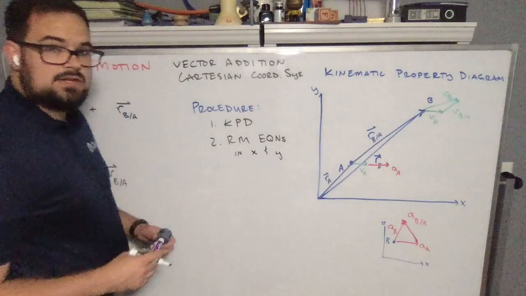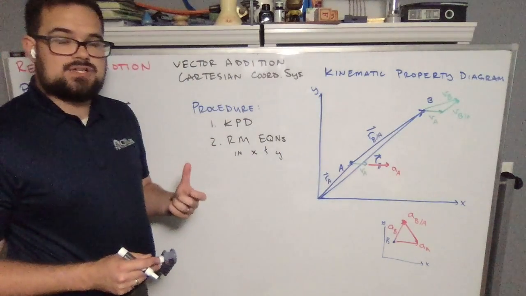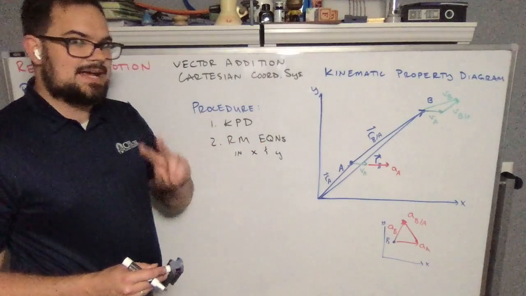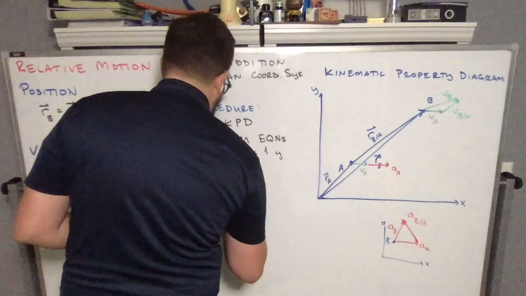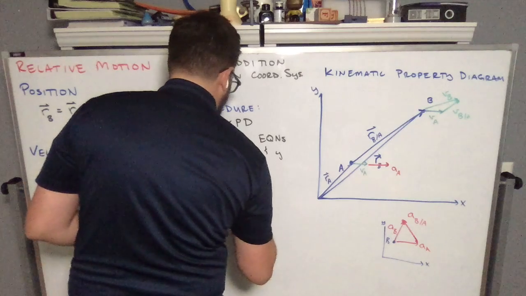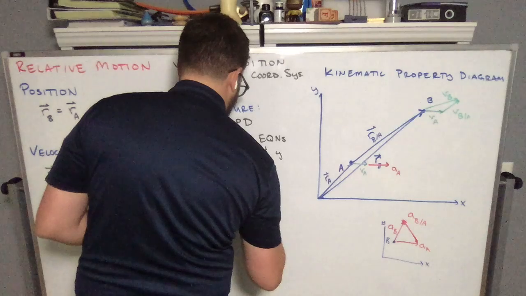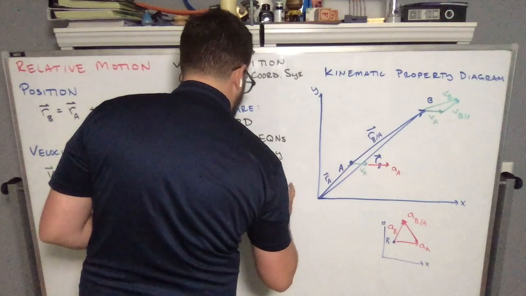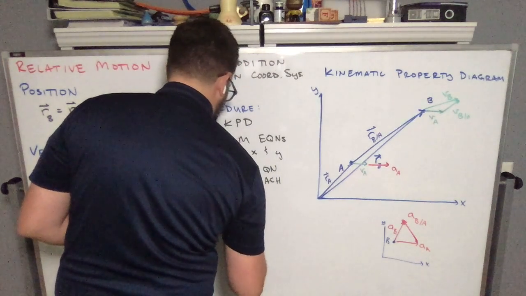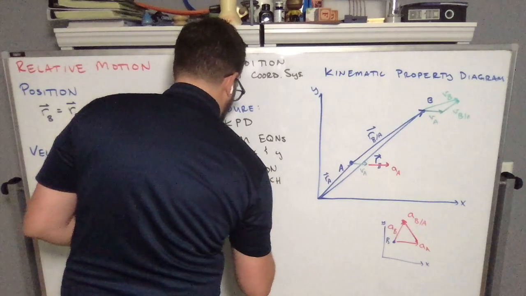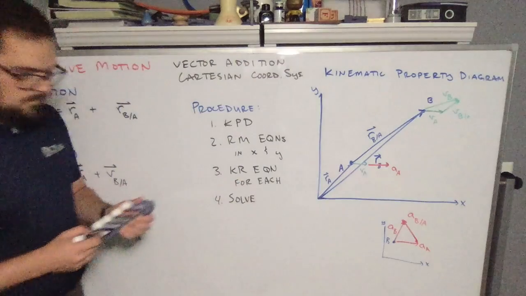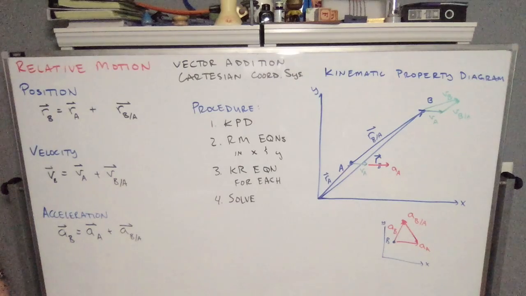Remember, in Cartesian, in 2D, each Cartesian equation, because it has those i and j components, is actually two separate equations. And then we could do the kinematic relationship equations for each point. And then hopefully we have enough equations in play that we can solve for any and all unknowns. I look forward to working an example problem with you in class.